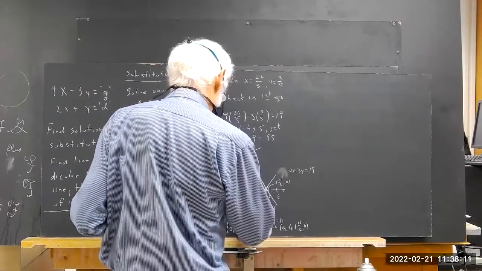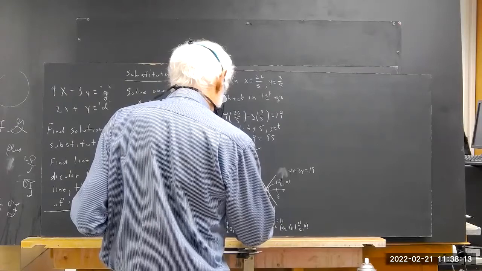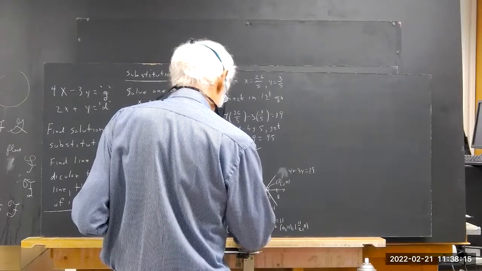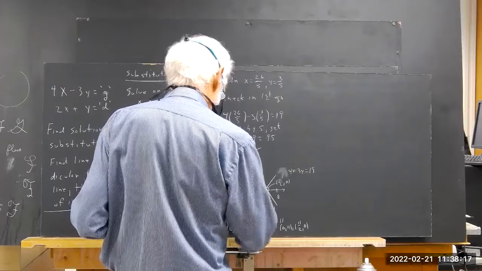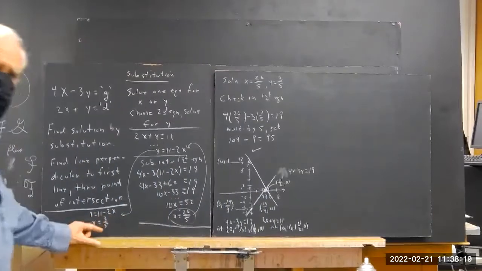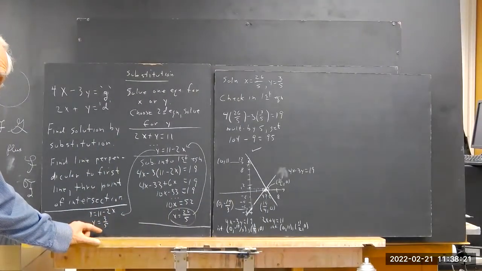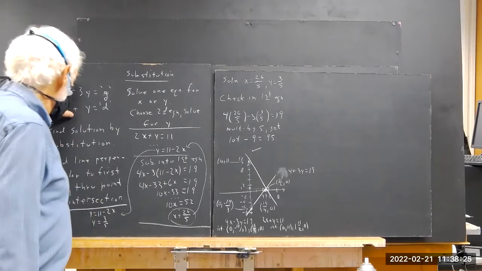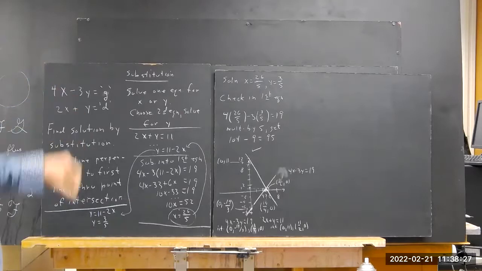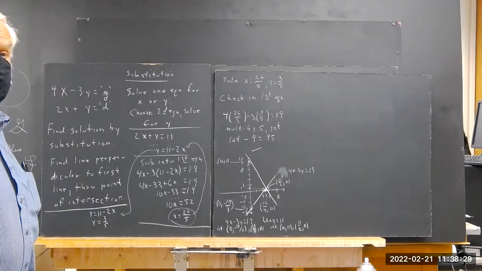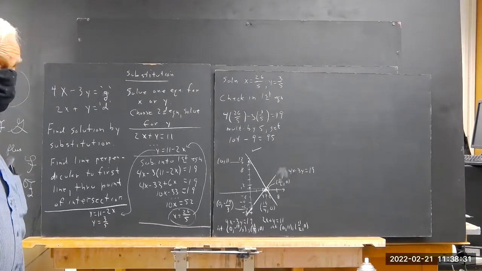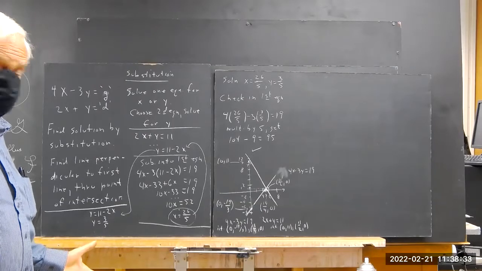If this is 2, then here's 1. And the y-intercept is a little less than 1. Well, 3/5 is a little less than 1, right? So in all these ways, I gain understanding of this system of equations. Okay? So we do all that.